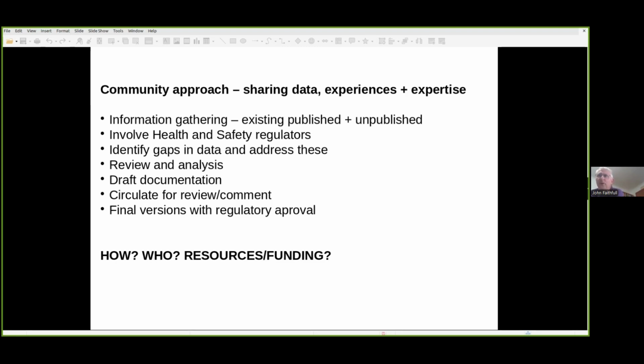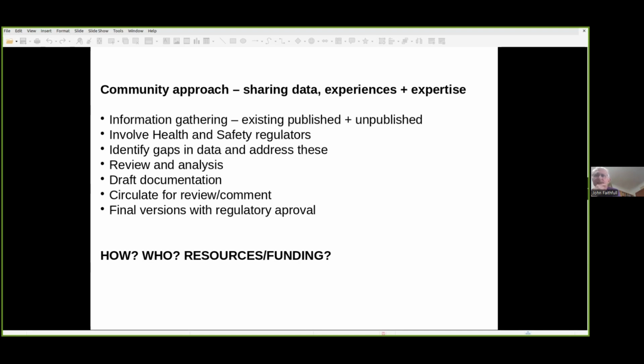You know, they don't want to waste money on complicating zero-risk activities. They want resources to be spent where it is going to have the biggest benefit in terms of people's lives and health. Where there are gaps in what we know, find out whether we need to address these and how we might get resources to do those.